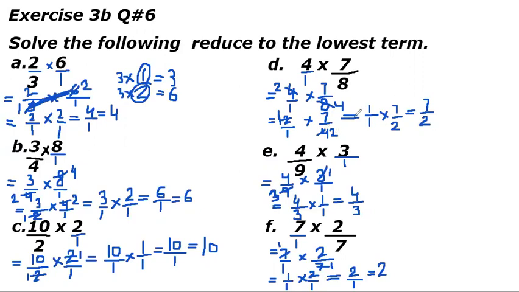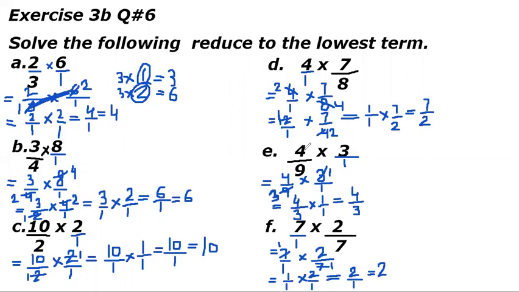Now we have got a new fraction which is 1 upon 1 multiplied by 7 upon 2. Now we will multiply. 1 times 7 gives us 7 and 1 times 2 gives us 2. 7 by 2 is the answer.